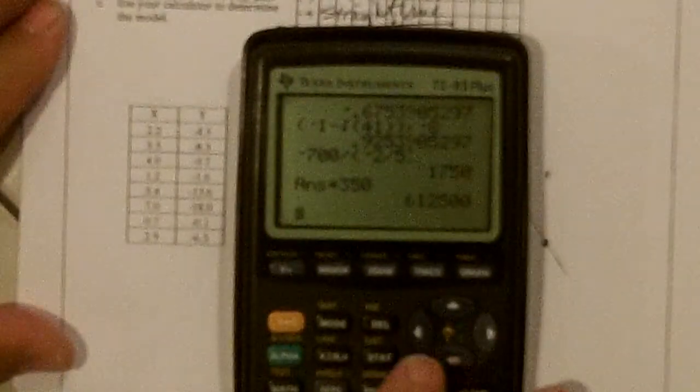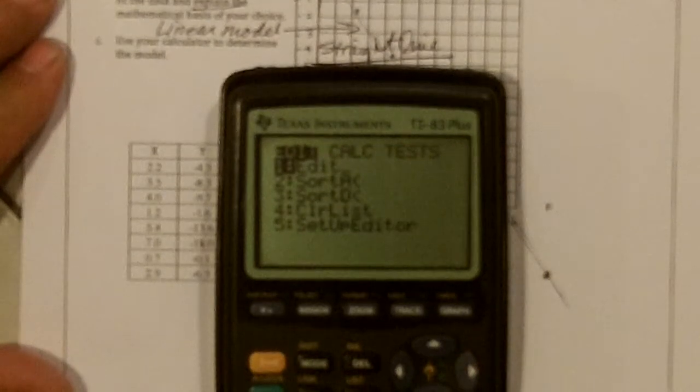So I'm going to push Stat, Edit, and I'm going to put the numbers in here. 2.2, 3.5, 4, 1.2, 5.4, 7.7, 2.9.